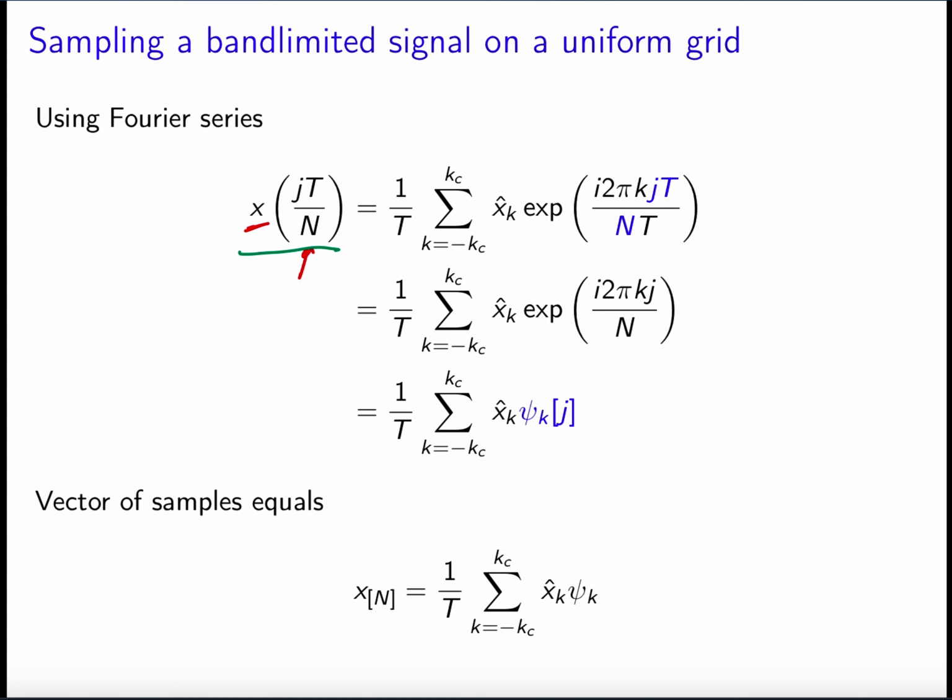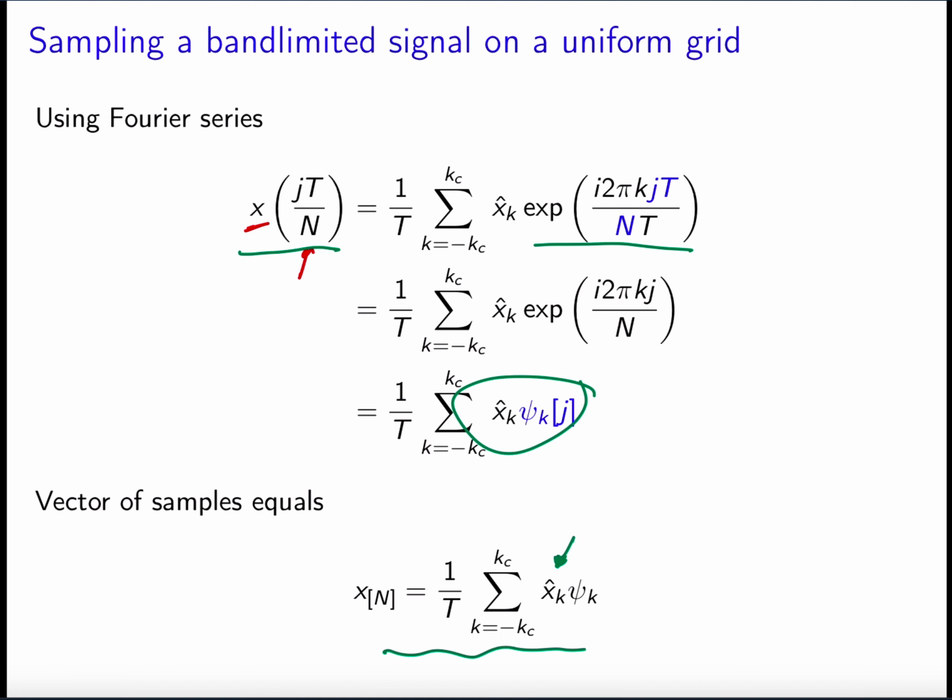That continuous signal is a linear combination of continuous sinusoids, because that's the definition of band-limited signals. When we sample, though, it becomes a linear combination of discrete sinusoids. So we can write it as this linear combination of discrete sinusoids, where the coefficients corresponding to the discrete sinusoids are just the Fourier series coefficients.